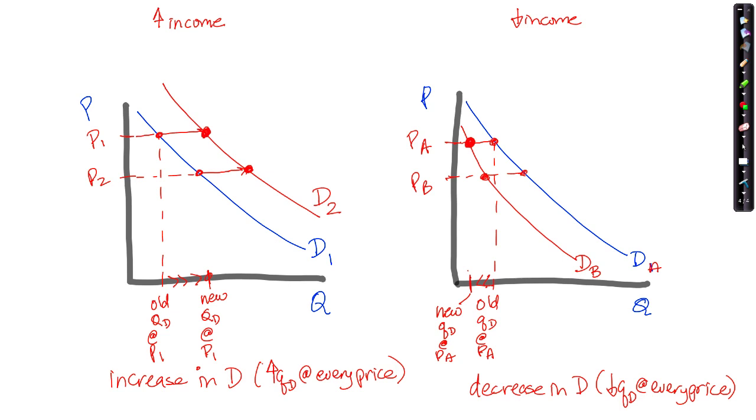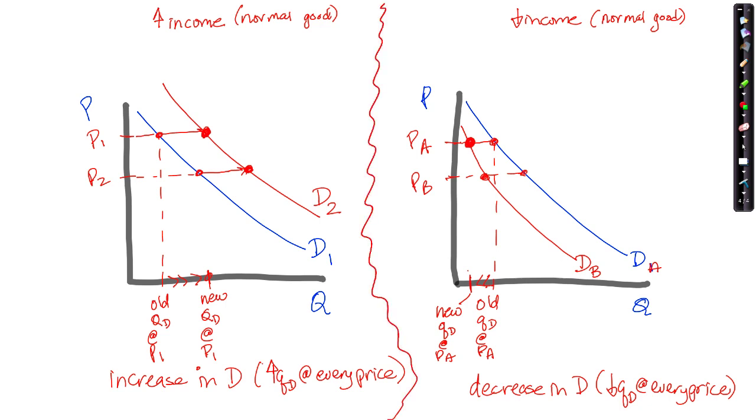So an increase in income increases demand if it's what's called a normal good, something like yogurt. A decrease in income decreases demand, again, if it's a normal good. Let me put a little squiggle here so you can see that I've got two different things going on. But I'm going to change colors because I can and it's fun.